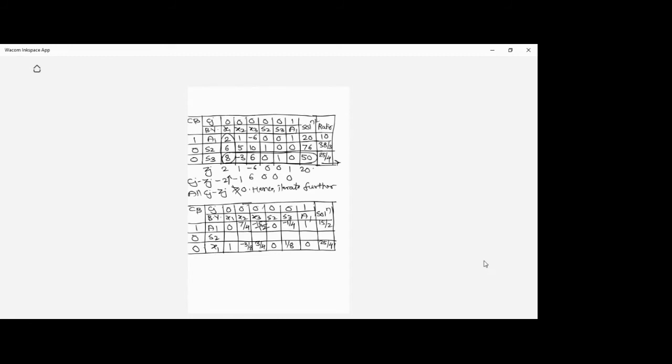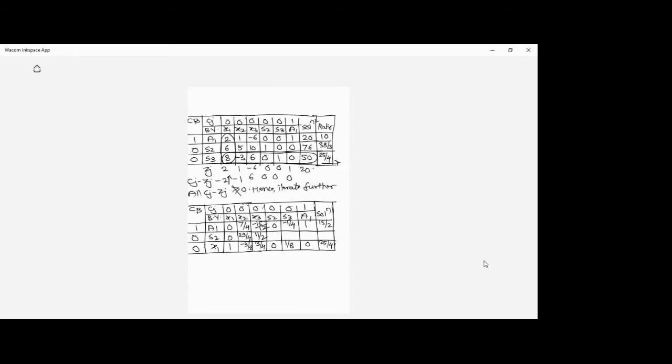Similarly, for the S2 row, you can find out the values. The first value will be 6 minus 6 into 8 divided by 8. So it will be 6 minus 6, that is equal to 0. Next, it is 5 minus 3 into 6 divided by 8, and the value comes out to be 29 by 4. Next, it is 10 minus 6 into 6 divided by 8, and that value comes out to be 11 by 2.